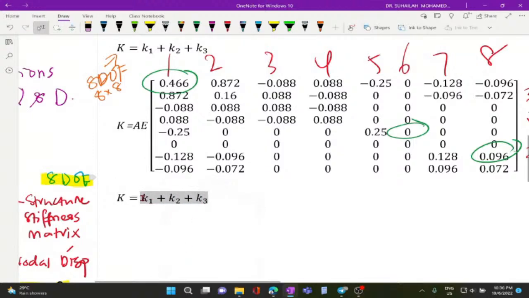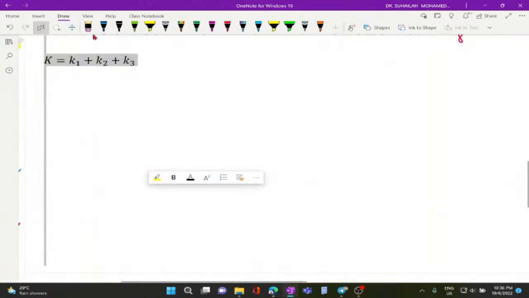What we want to write now is the stiffness equation.